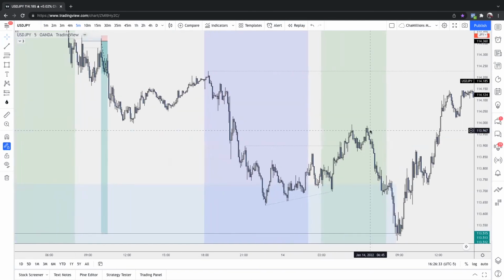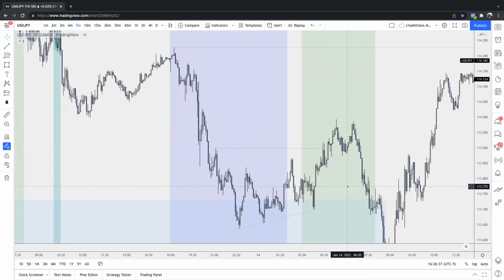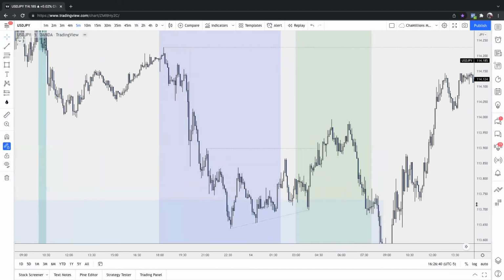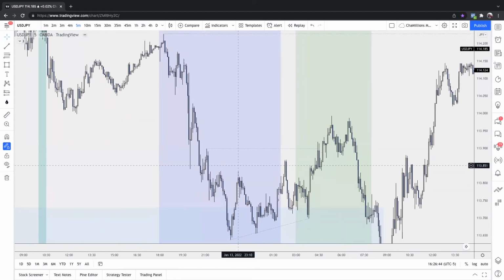But if you just think about timing and price, right? If I'm just thinking about time in particular, would timing necessarily be in favor for Asia to create this low at this time during the day, right?